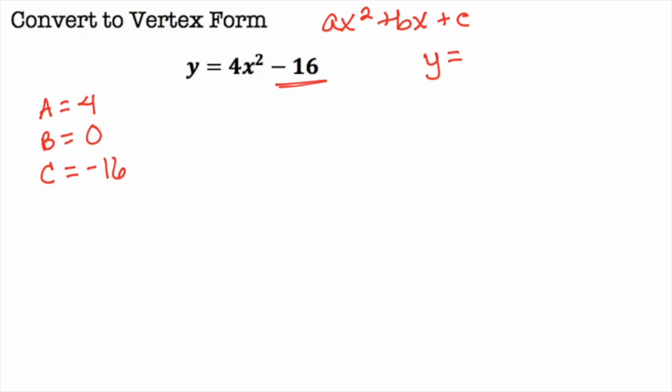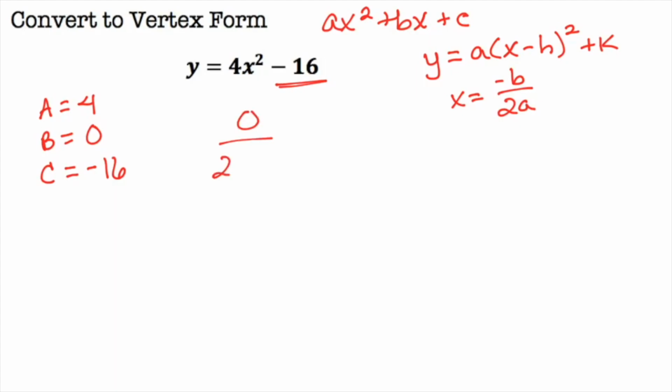So we have y equals a(x minus h)squared plus k, and then x equals -b over 2a for our vertex. So we take the opposite of b, which is just 0 again, over 2 times 4, and 0 divided by anything is 0, so our h value of the problem would be 0.